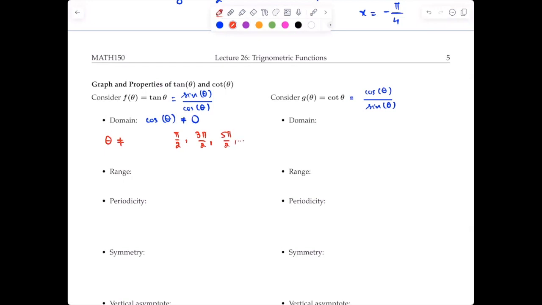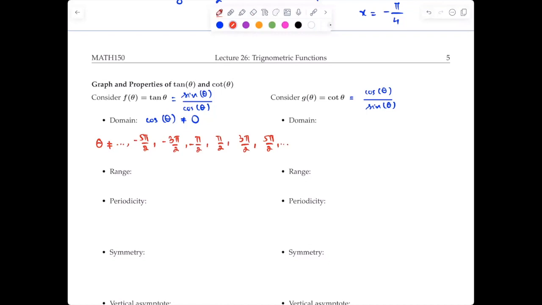Again, you can go to the positive side, and also to the negative side of the real line. So you want to exclude negative pi over 2, negative 3 pi over 2, and negative 5 pi over 2. The dots on both sides of this list indicate that we can go on forever to the negative side or to the positive side.